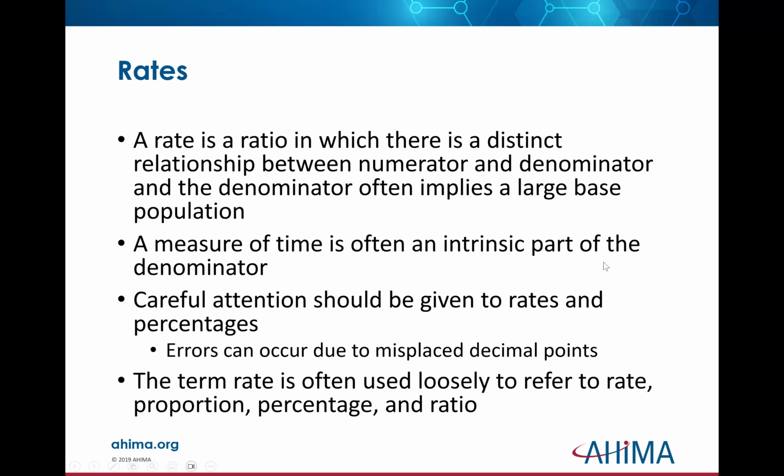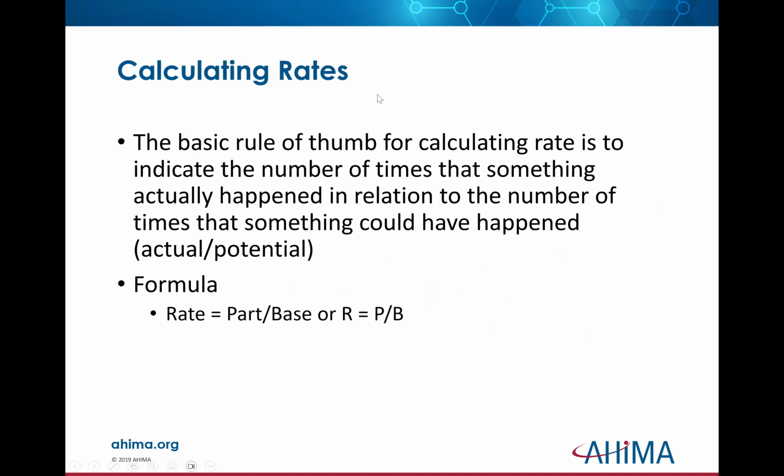And a rate is a ratio where there's a distinct relationship between the numerator and the denominator. And the denominator is a large base population. And a basic rule of thumb when we're calculating a rate is to indicate the number of times something has happened in relation to the number of times that something could have happened.